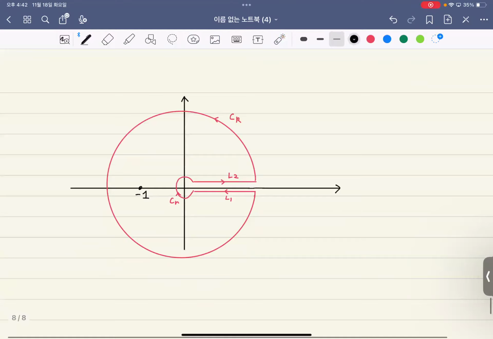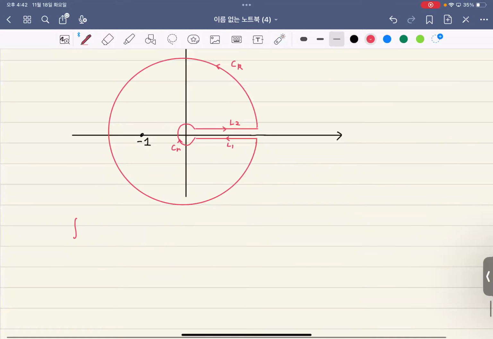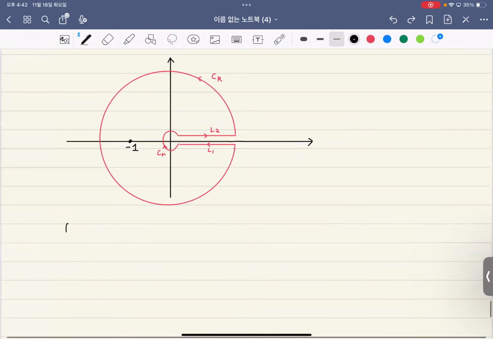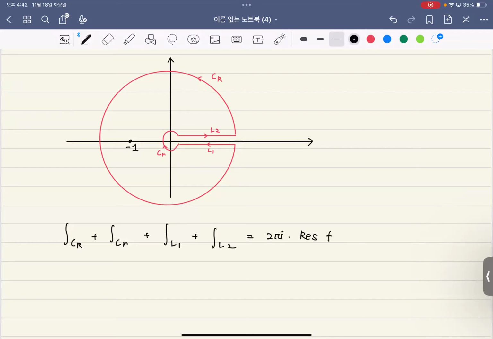So therefore, the integral over CR plus Cr plus L1 and L2 is 2 pi i times the residue of my function. And these two tend to 0.